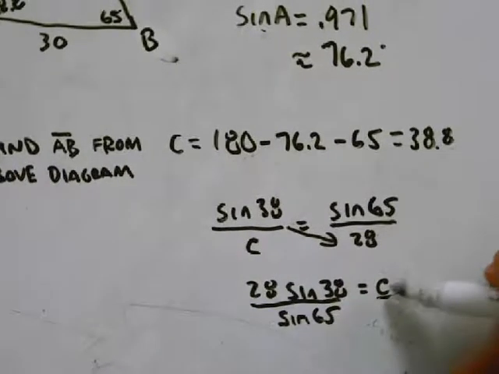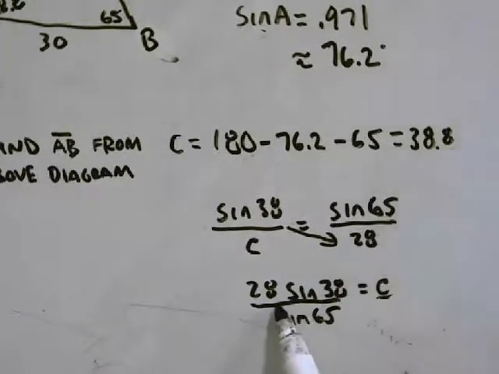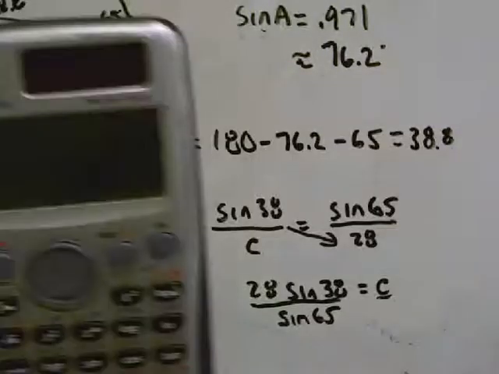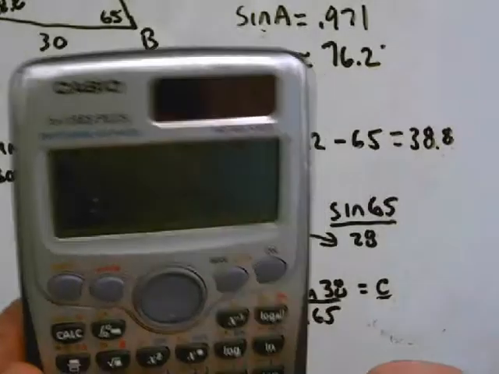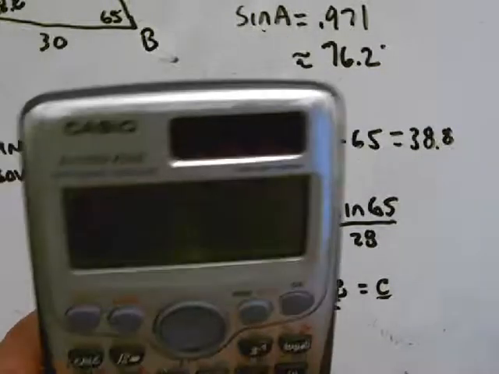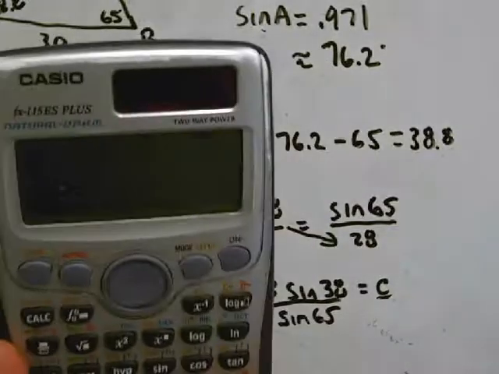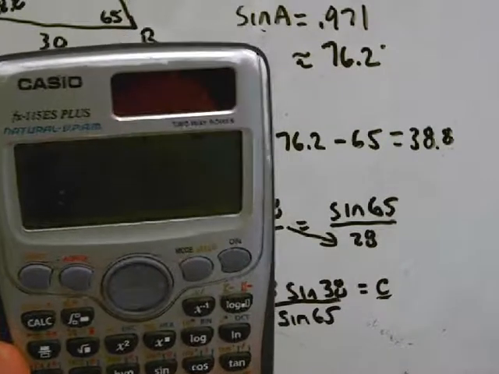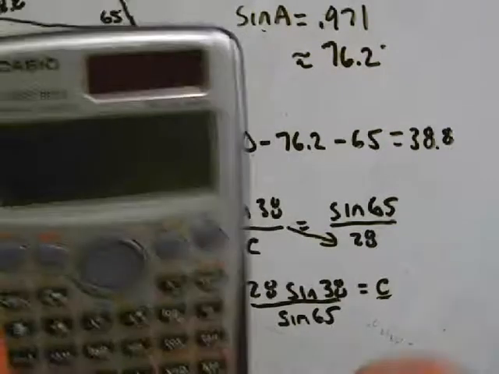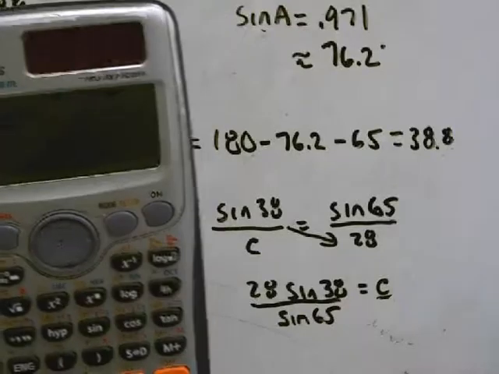So we'll just go ahead and punch that in. Again, it's nice to be able to make a fraction. The TI-Nspire can do it too. 28, and just make sure you're in degree mode, sine 38, divided by sine 65.